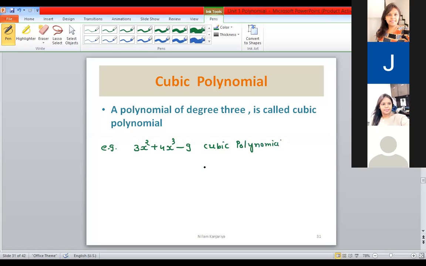You don't need to count the number of terms. You just focus on the power, and the highest power is 3, so it is known as a cubic polynomial. Last example: x cube minus 8 is also a cubic polynomial.